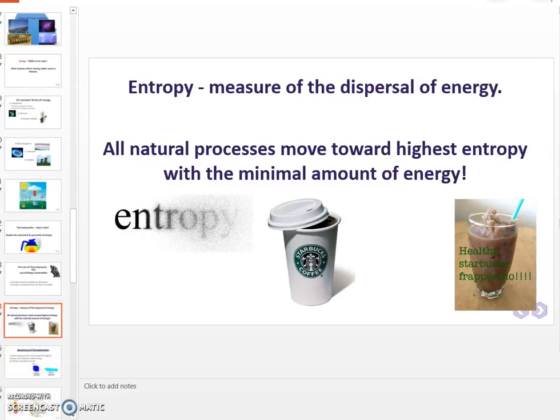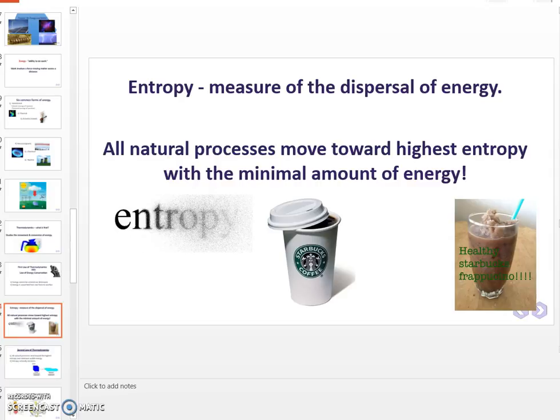Now, entropy measures the dispersal of the energy. Remember, dispersal is the scattering, spreading out. And every natural process goes toward the highest entropy with the minimal amount of energy. What does that mean? Things tend to go into disorder. As they go into disorder, you also have less energy.